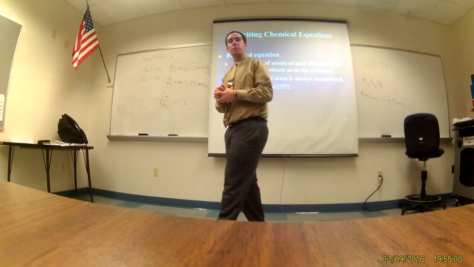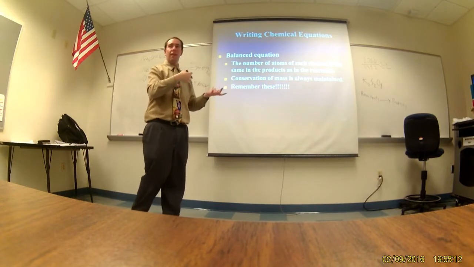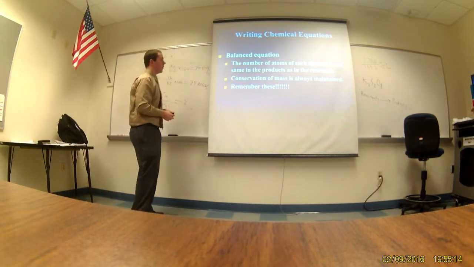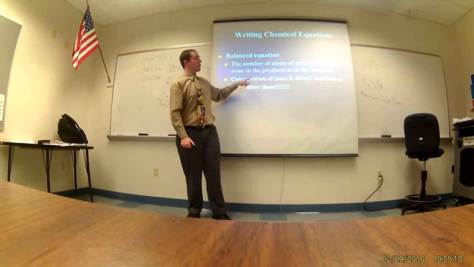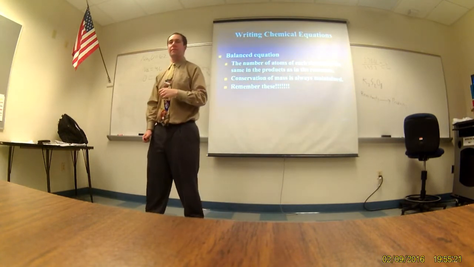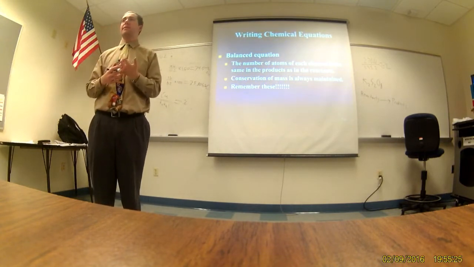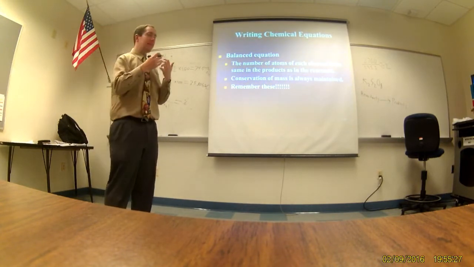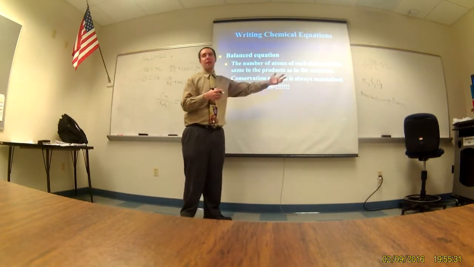We're going to have to multiply things on the left and the right so that we have the same number of atoms on the left and the right. Having the same number on the left and the right is called conservation of mass. We do not destroy or make mass. In this class, the mass that we start with is the mass that ends.